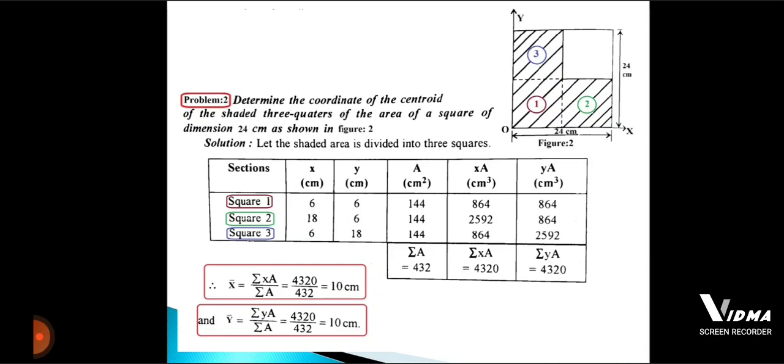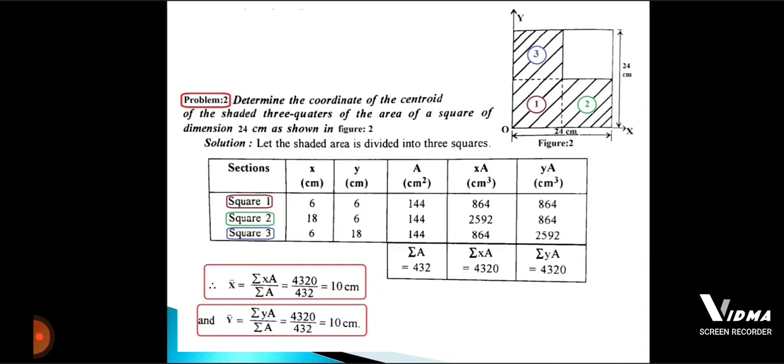So in this case, first x, that is the position of the centroid of the particular area, and y, the position of the centroid, from the reference axis x as well as y.